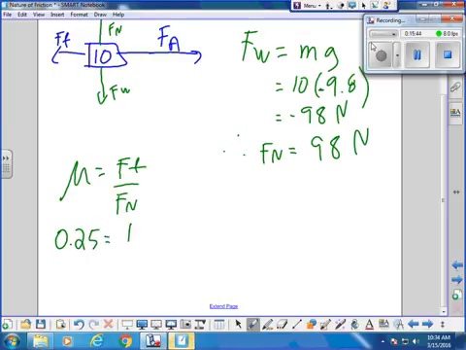And this is going to tell me my friction force, FF. Fn is this 98. Multiply. FF equals 49. Half of 49 is going to be 24.5. So 24.5 is my friction force.